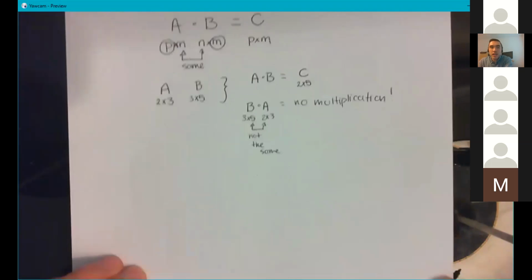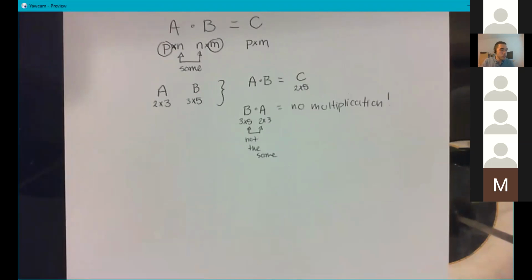Yesterday we talked about all of the properties that scalar multiplication has. The idea that scalar multiplication is associative and distributive and commutative, that when you do scalar multiplication, it's going to obey all the normal rules of multiplication that we are accustomed to.